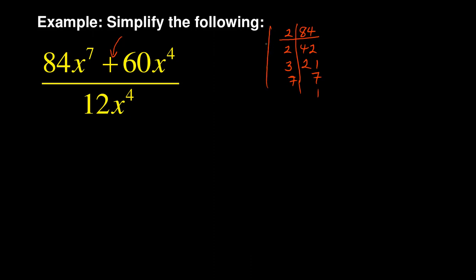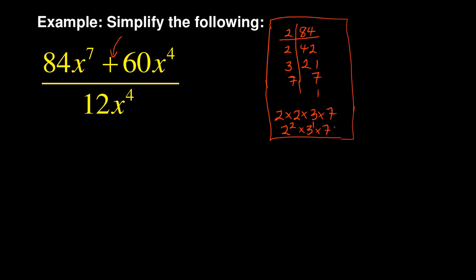So these are the prime factors of 84. So how do I get 84? It is 2 times 2 times 3 times 7. Now 2 times 2 is the same as 2 squared, times 3 to the power 1, times 7 to the power 1. And then I can do 60 in this case.